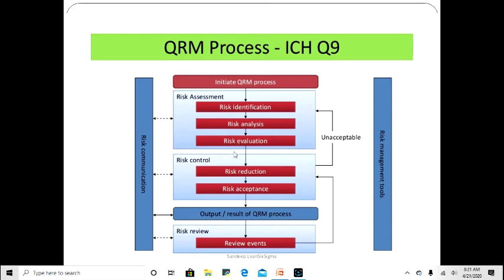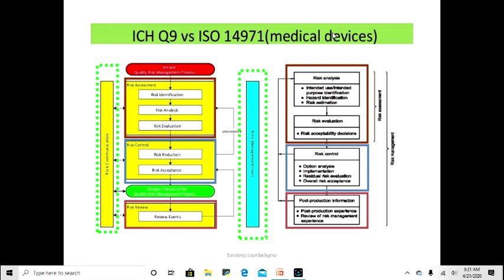Right, so this is a cycle which any sector will follow for risk analysis and management, and especially in pharma, it should abide by ICH-Q9. This ICH-Q9 is kept with respect to the ISO guidelines because quality should be met.